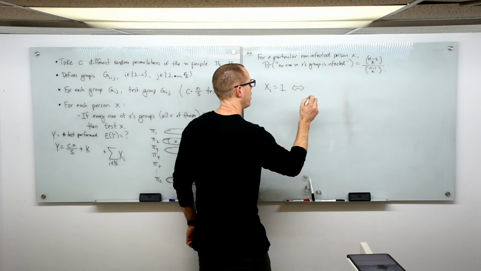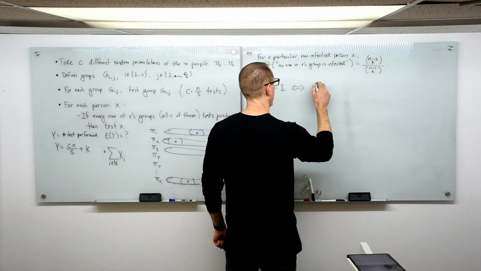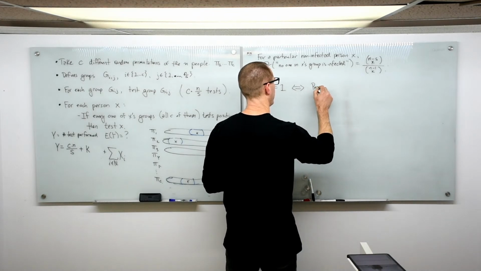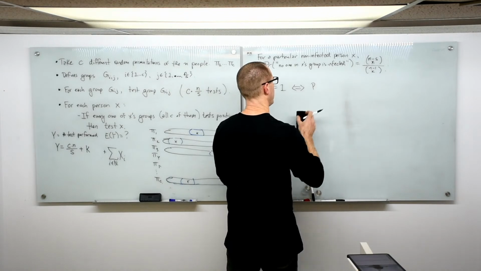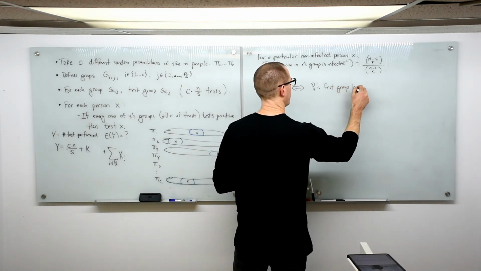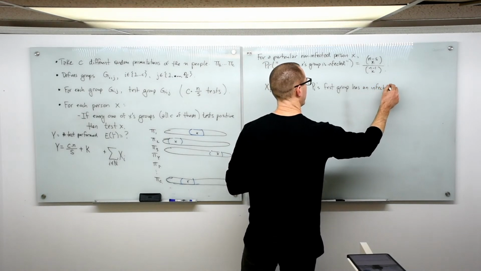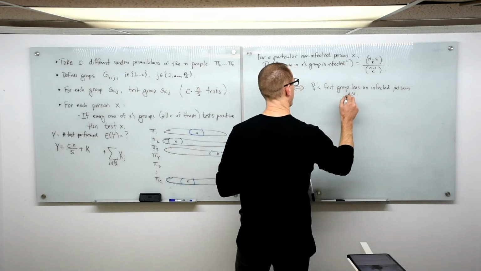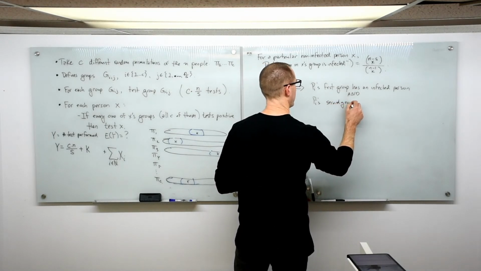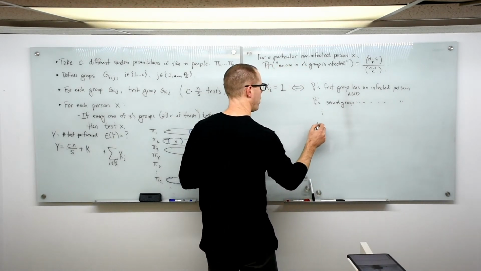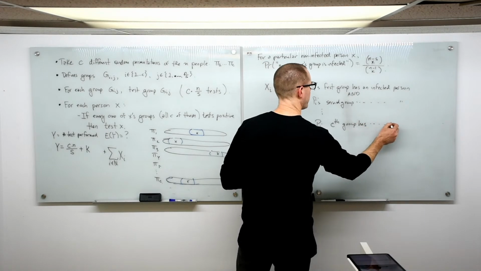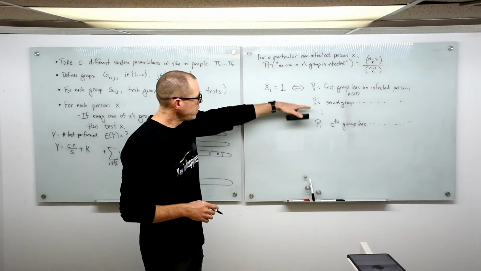That's the same thing as saying person i's first group as an infected person, and pi's second group as an infected person, and so on all the way up to pi's Cth group as an infected person, C times.